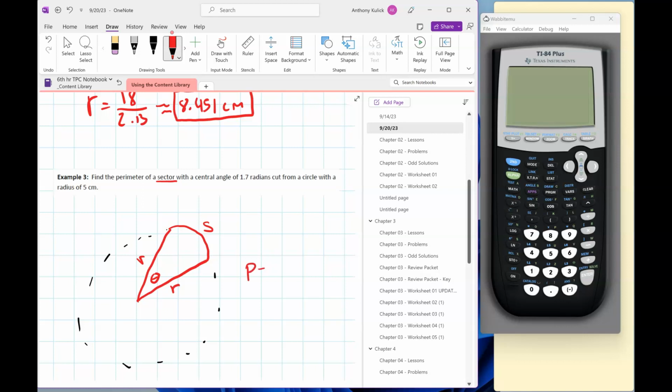So if I want the perimeter of that sector, the perimeter is just the distance around. So in this case, that would be R plus S. Now, the radius we know, that's just 5. But S we need to find, right?